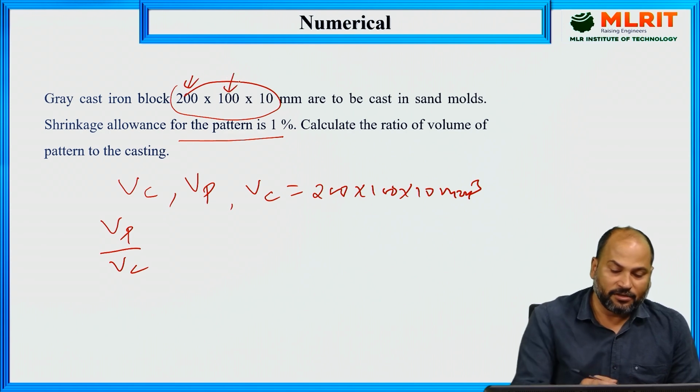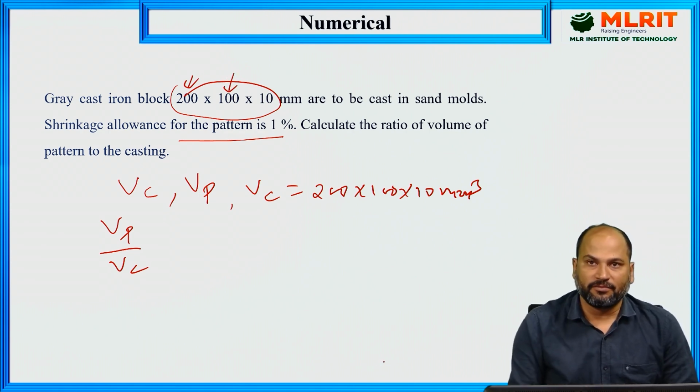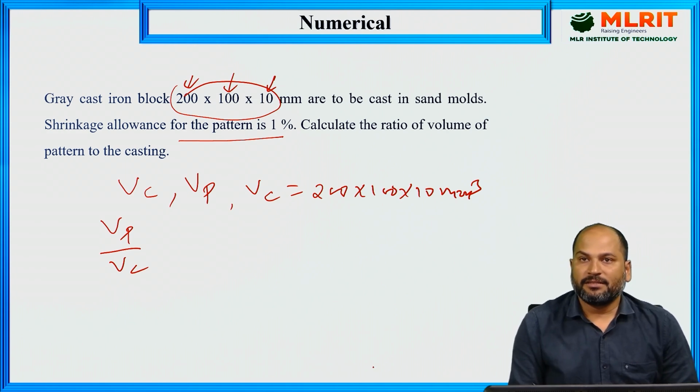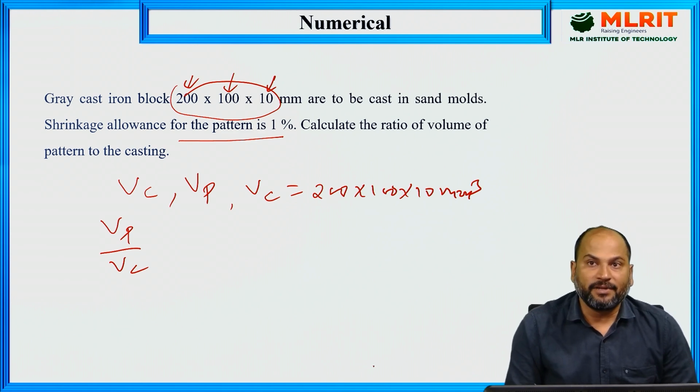In the breadth, the shrinkage is 1%. And in the thickness or height, here also the shrinkage is 1%. So when we are preparing the pattern, we need to provide this extra dimension in the pattern, so that the cavity produced with the help of that pattern has this extra dimension, and after solidification the shrinkage can be easily compensated.